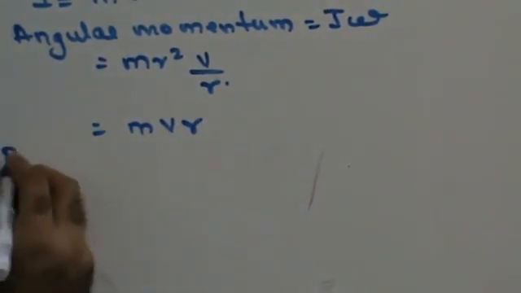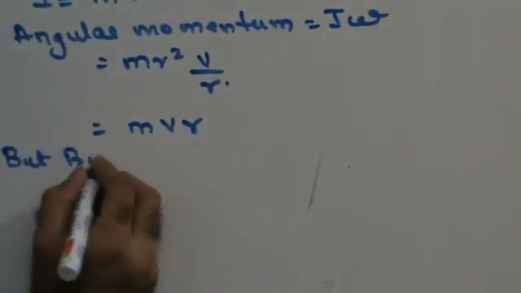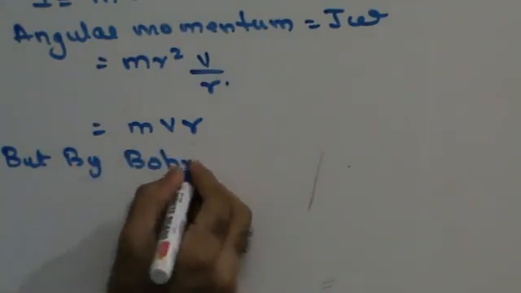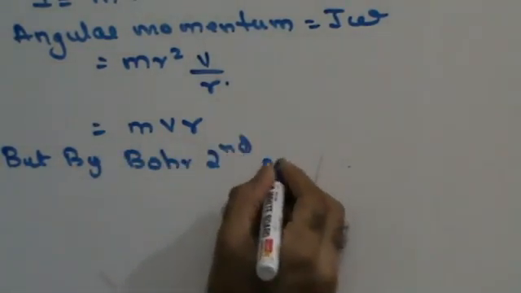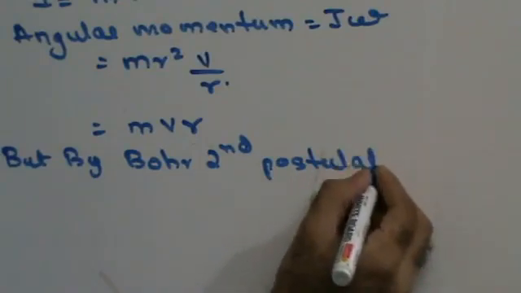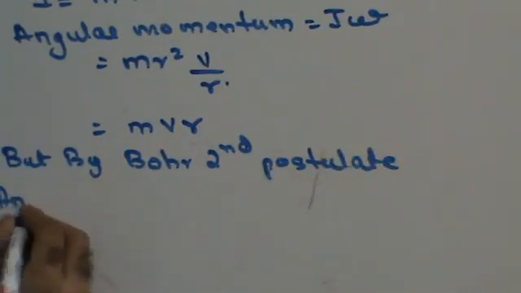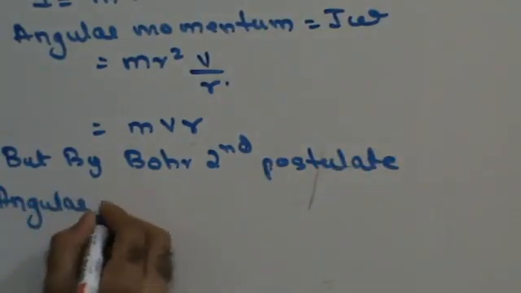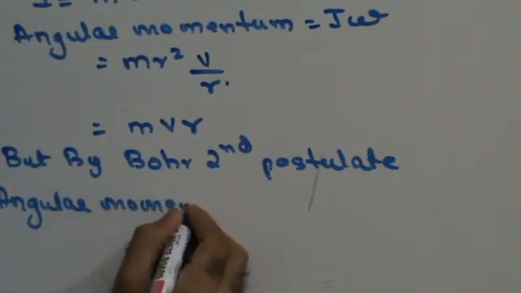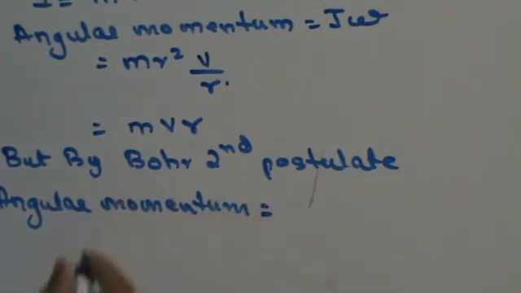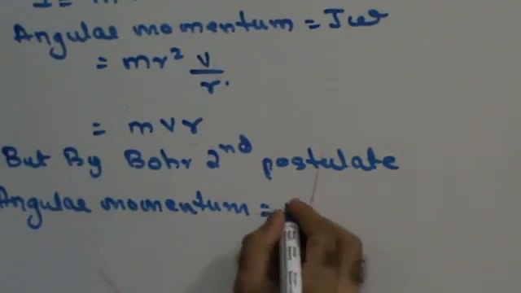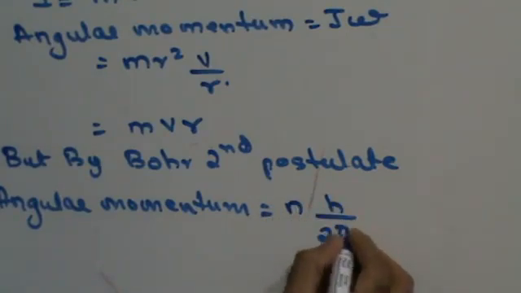But by Bohr's second postulate, angular momentum should be an integral multiple of h by 2 pi.